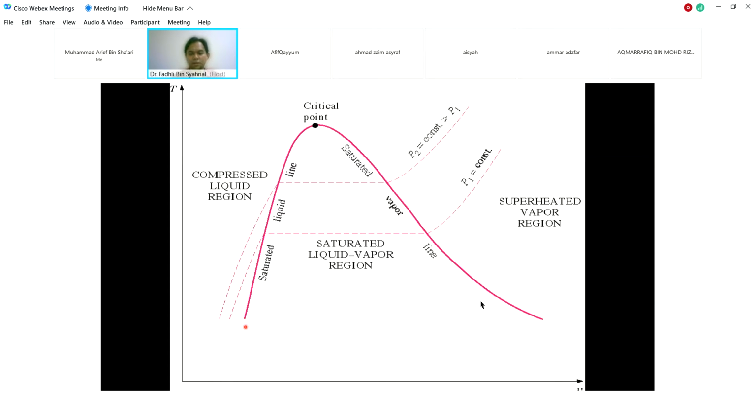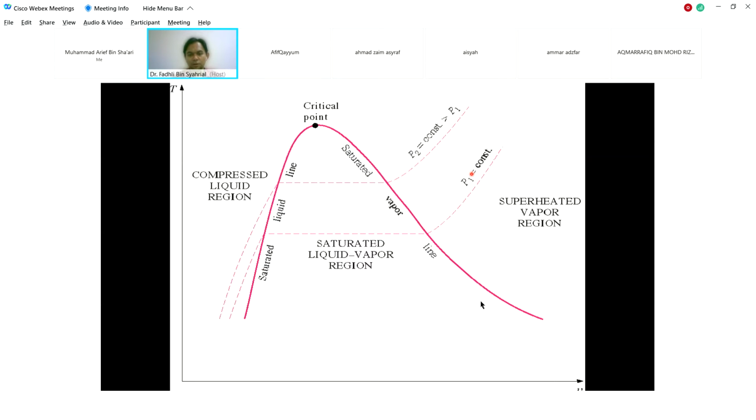Basically in the TV diagram we have this curve. As I explained just now, the first curve is the saturated liquid line, and the second curve is the saturated vapor line. And then we have one dotted line or even more dotted lines. For this case, this is the pressure constant line. Another line is also a pressure constant line, but the value of this pressure is different from the first one.